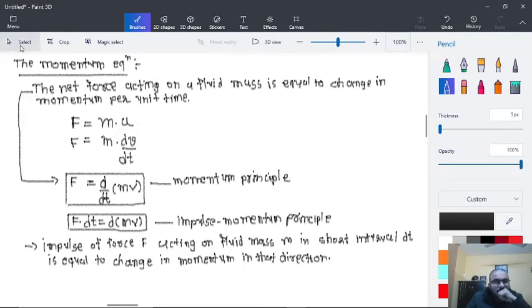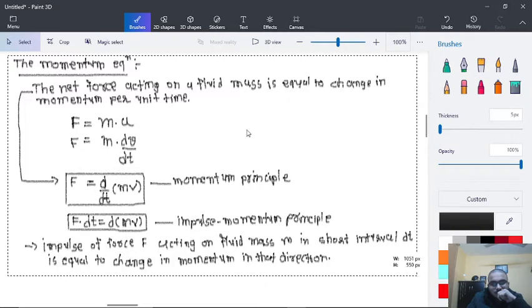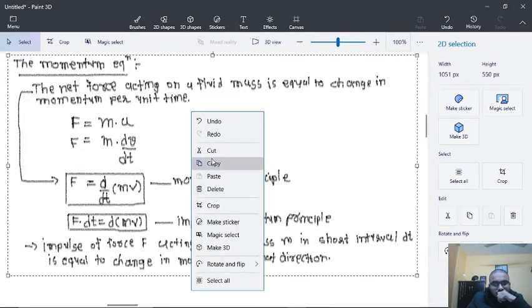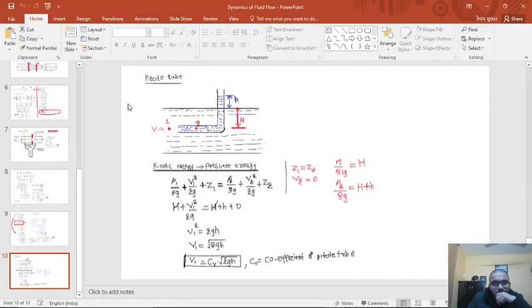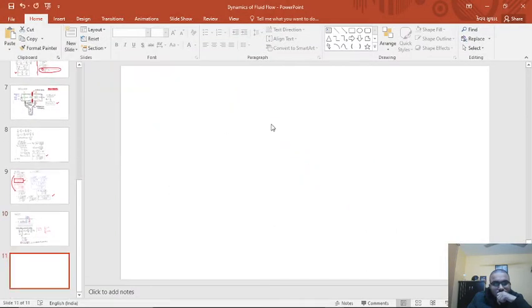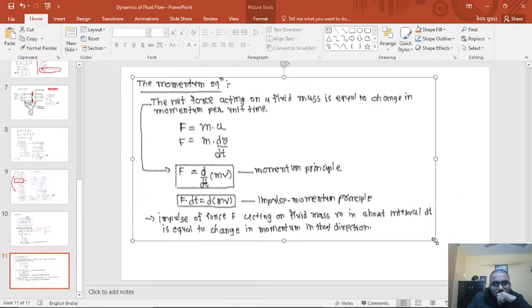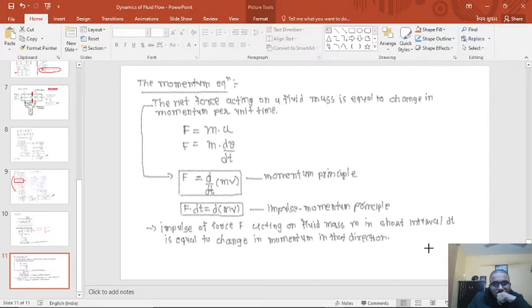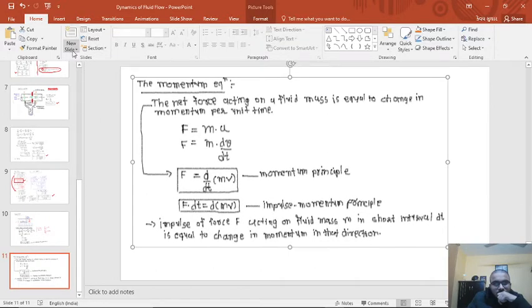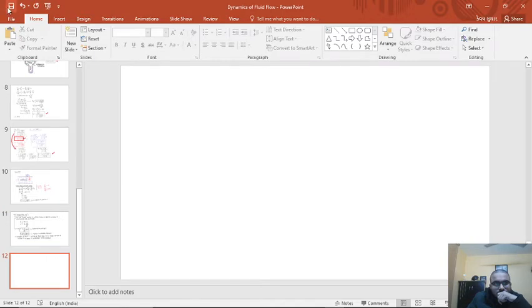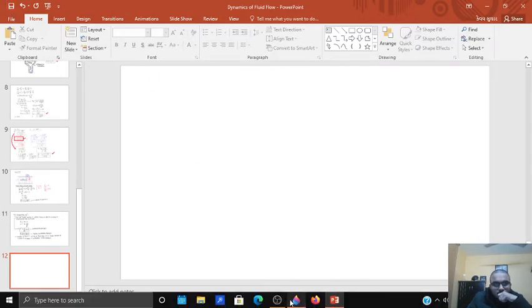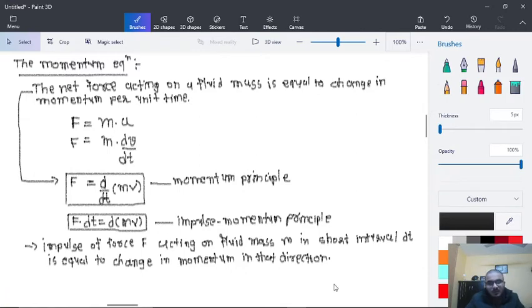Now let's copy this work into our main slides, and move forward to our next theory.